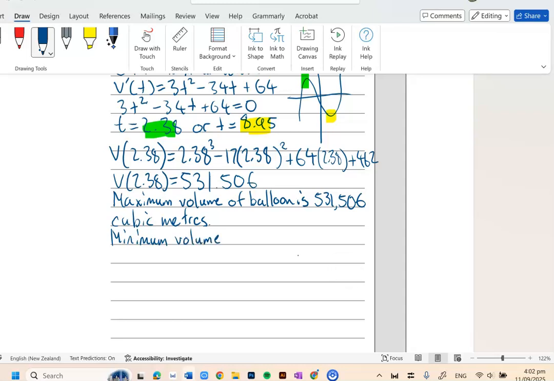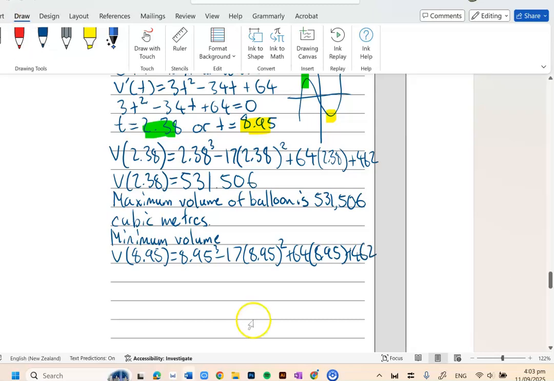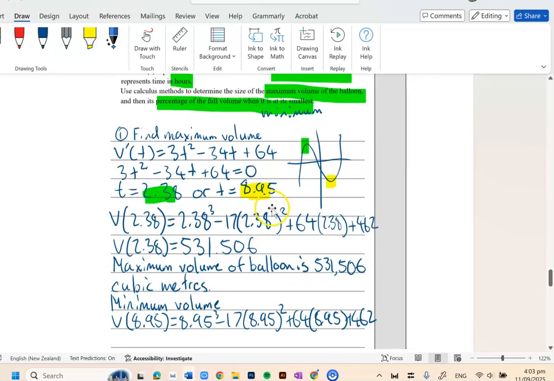So when t is equal to 8.95, we're just going to plug it into the equation. That will equal 8.95 cubed minus 17 times 8.95 squared plus 64 times 8.95 plus 462. Okay, that's just putting it back into this equation.